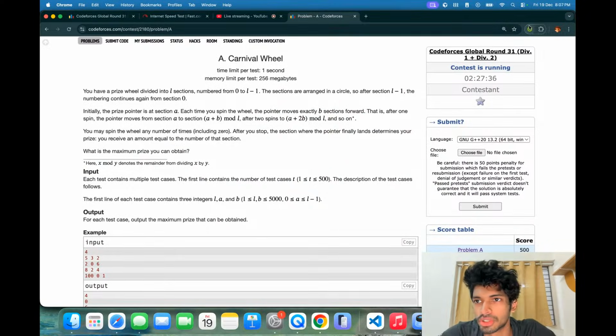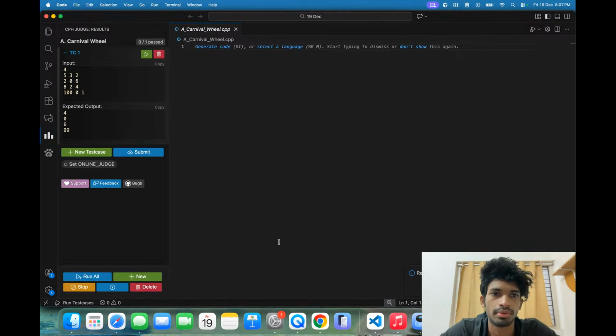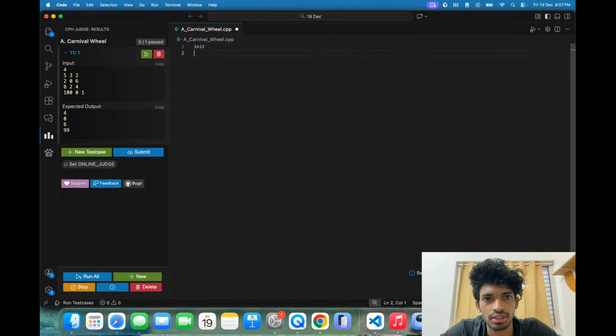GCD is not required because constraints are low, which should not overkill the problem, even though I can solve it instantly.